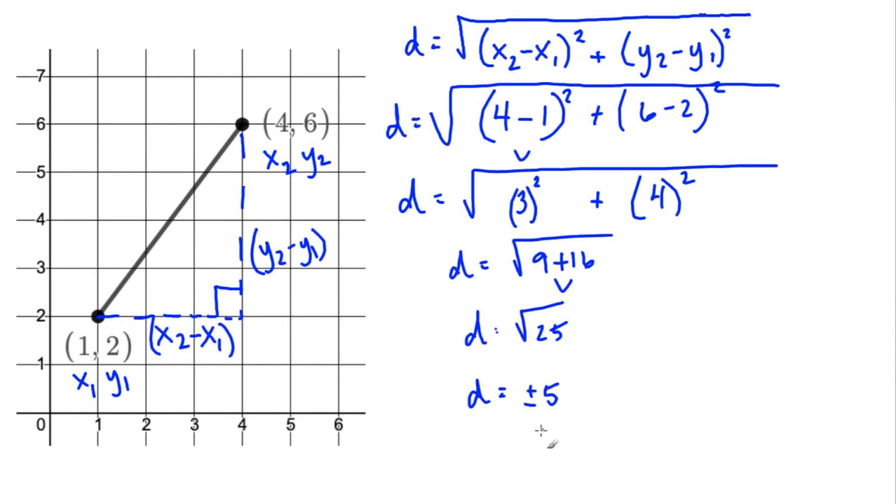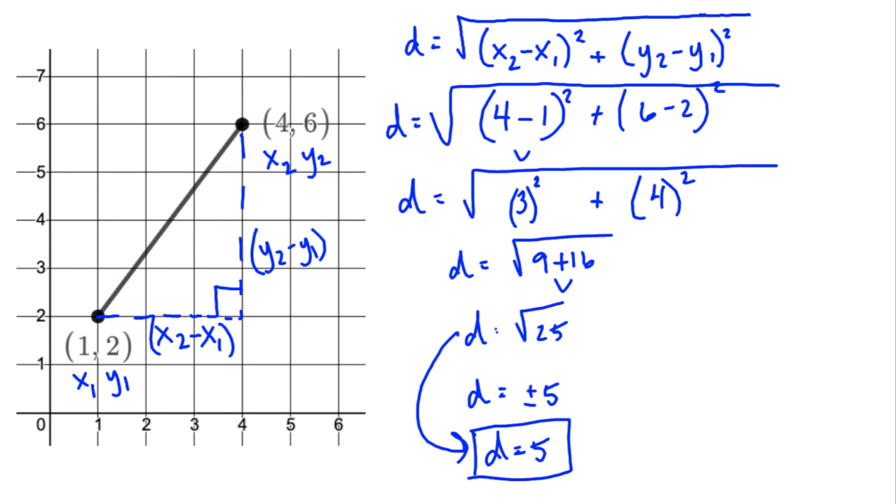But the only one that makes sense when it comes to distance, like from here to here, is positive 5. It's not going to be negative 5. You don't necessarily even have to put this step here. You can just jump straight to the positive distance, so to speak.